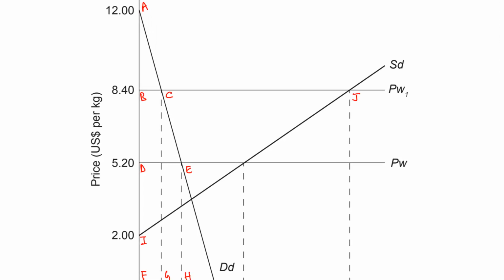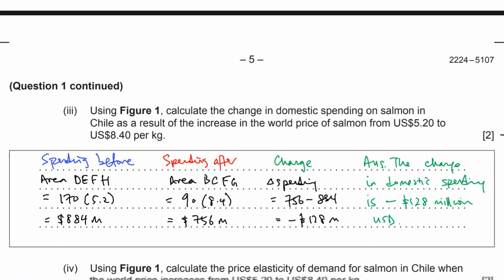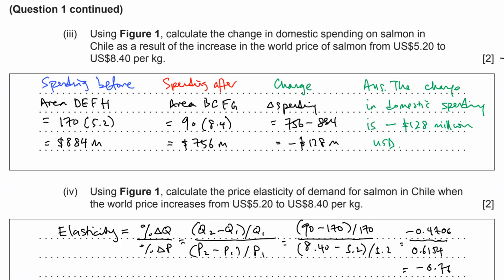All right, so let's go back down to the question. So what do we have to do? Well, in part 3, using figure 1, calculate the change in domestic spending. So here we have to calculate the change in domestic spending on salmon in Chile as a result of the increase in the world price from US $5.20 to $8.40.